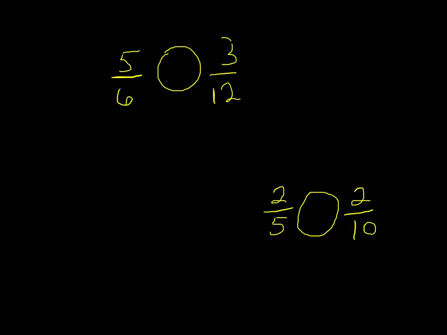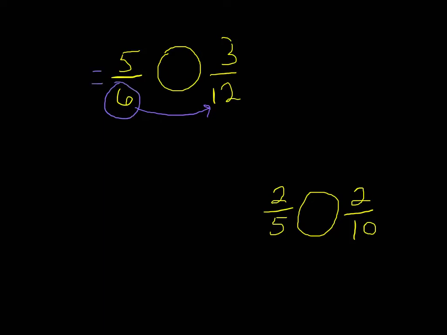Let's do 5/6 and compare it with 3/12. Notice on these two, and this isn't always going to be the case, but on these two, 12 is a multiple of 6. So with that in mind, I can compare these when I change the 6th to an equivalent fraction.